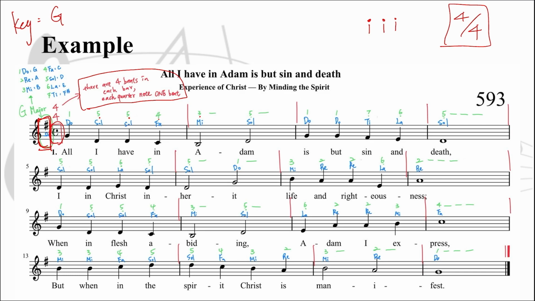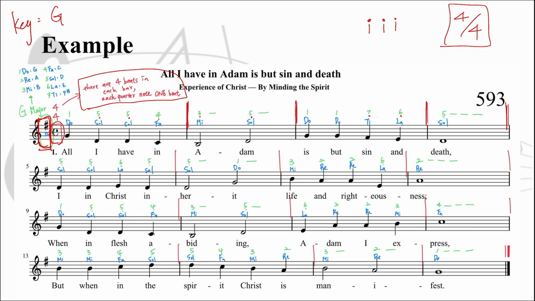Okay, so just notice that here we have this. And also when we are writing the sheet music into the numbered notation, we need to add the bar line also.